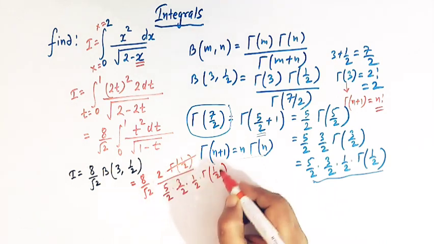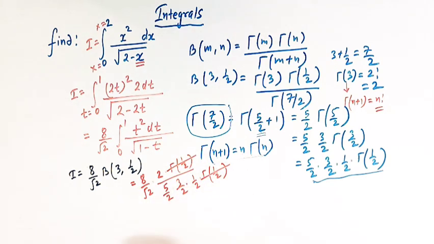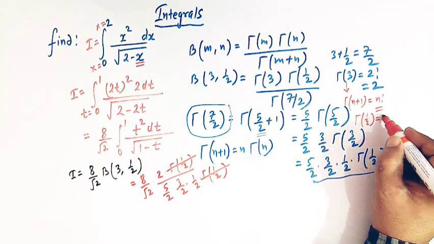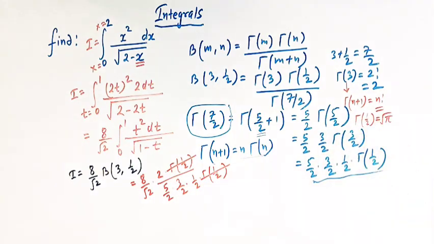So now these two terms get cancelled, right? And always remember that gamma of half is equal to square root of pi, right?